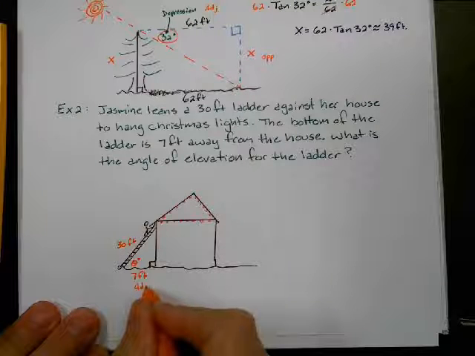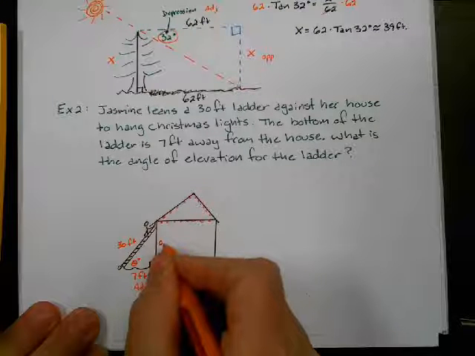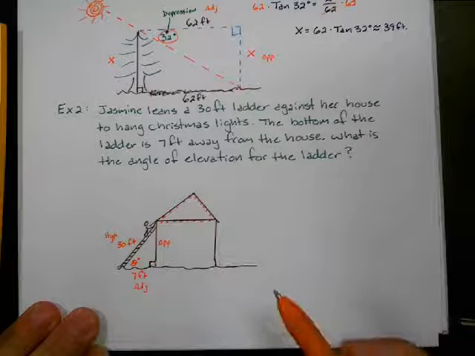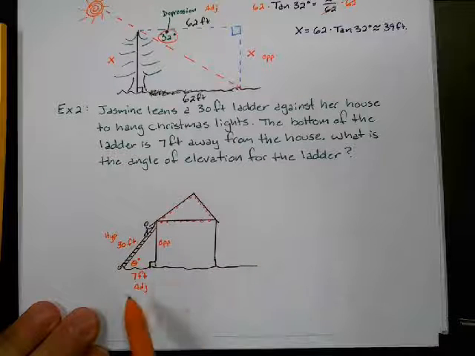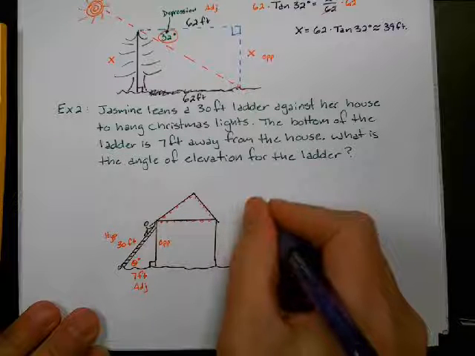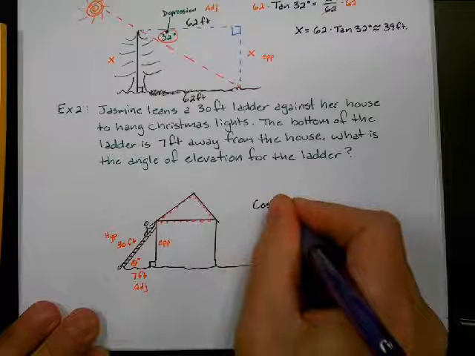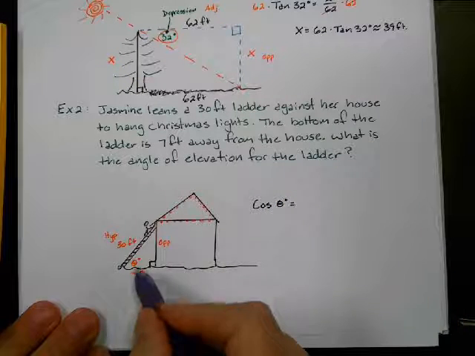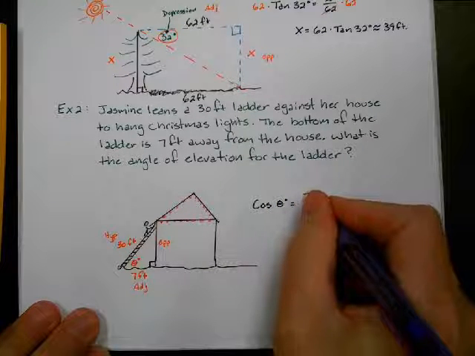This is the opposite leg. This is the hypotenuse. So we need to use adjacent and hypotenuse. Which one is that? It's cosine. So we're going to use cosine of theta is equal to 7 over 30 because it's adjacent over hypotenuse.